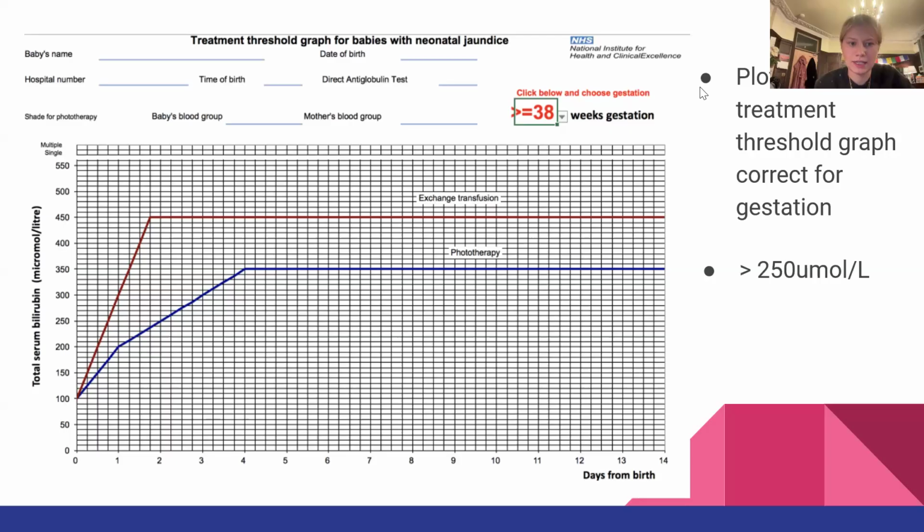Importantly, this is adjusted for gestational age, so if the neonate is born prematurely, it'll be adjusted as well. A general threshold is 250 micromoles. In that case, you would start managing the jaundice in this infant, but depending on where it crosses, you would initiate different types of management depending on the severity. So we're going to talk about that now.